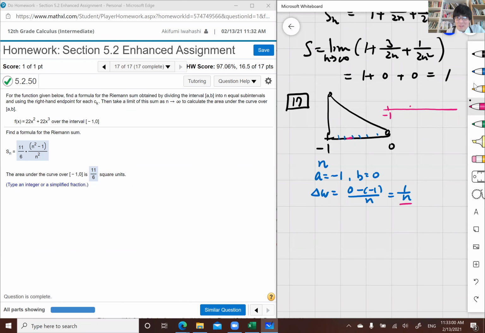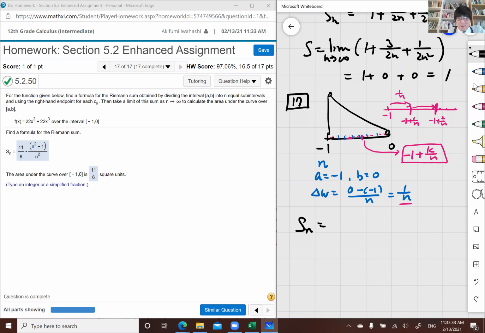After you add 1 over n, you get -1 plus 1 over n, and the second number is -1 plus 2 over n, and so on. So basically you have n numbers here, and each term looks like -1 plus k over n. Be careful that you start with -1 in this case.